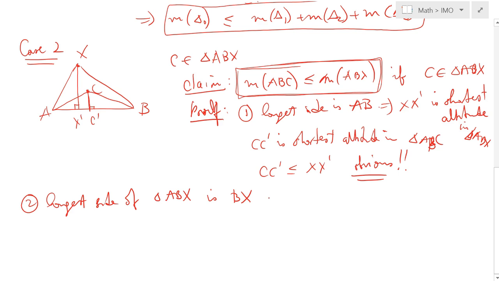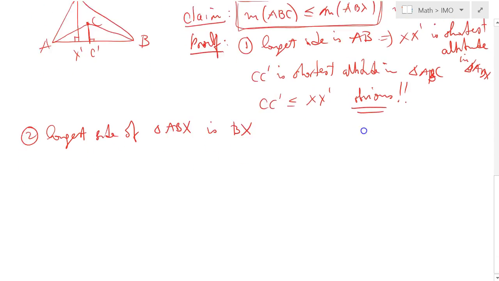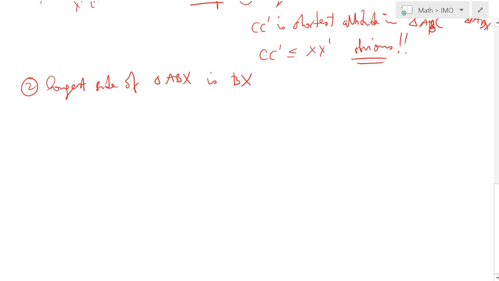Let's draw the triangle again, ABX, and C inside. So BX is the longest one, and C is a point somewhere inside. Let's put C here.